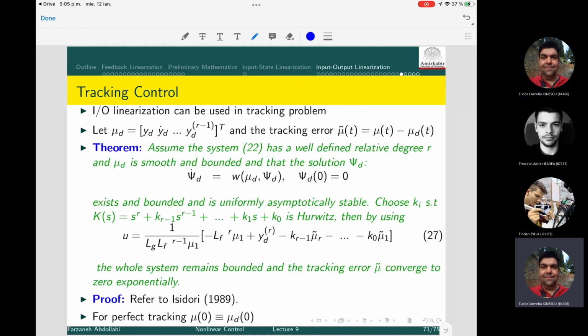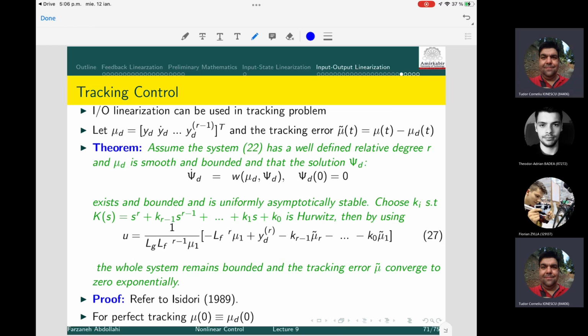And finally, there is a discussion about tracking control. If you want to achieve not only stabilization but also tracking, you can do this with feedback linearization. Very nice. Of course, using the normal form and everything like that. Equation 27 describes the tracking control.